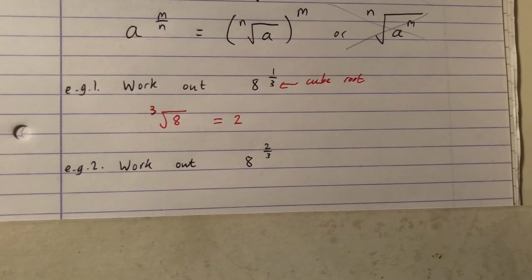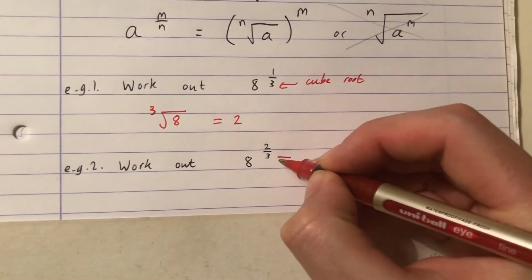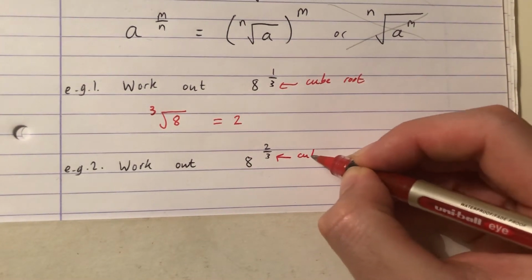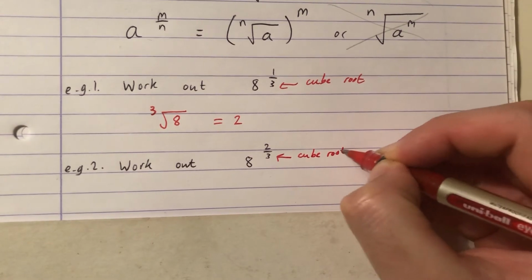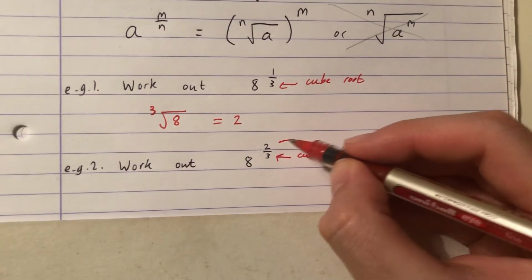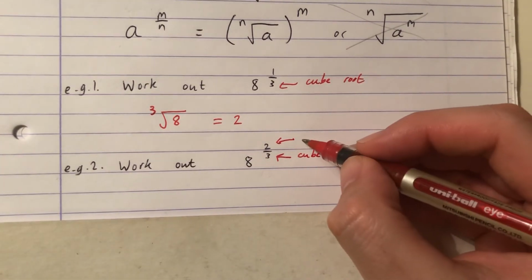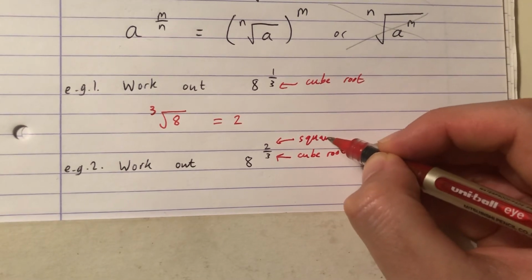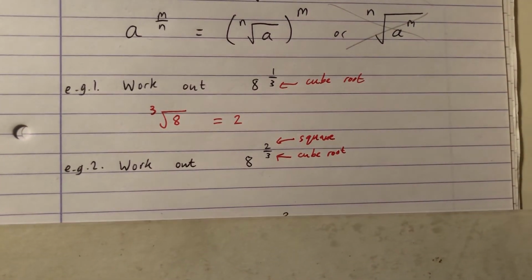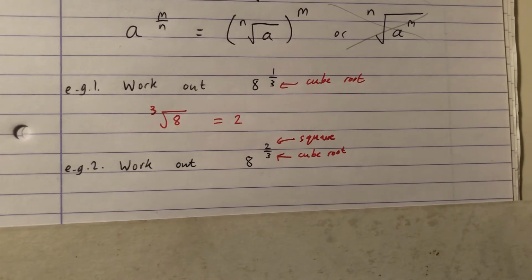What about 8 to the power of 2/3? So that's the second rule. The denominator is always a root, and the numerator is just a normal power, so that's squaring it. So I always encourage you to do the root first, then square something.